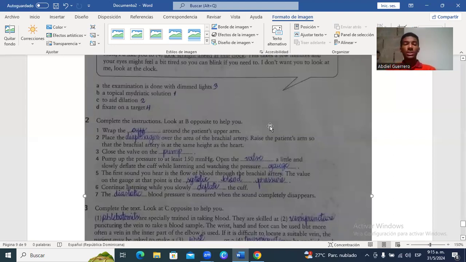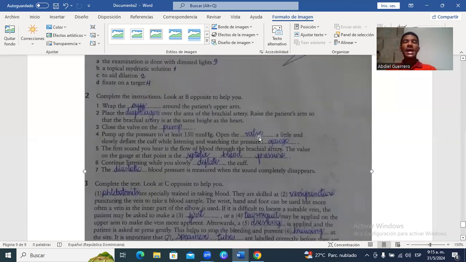Complete the instructions. Look at B opposite to help you. Wrap the cuff around the patient's upper arm. Place the stethoscope diaphragm over the area of the brachial artery.